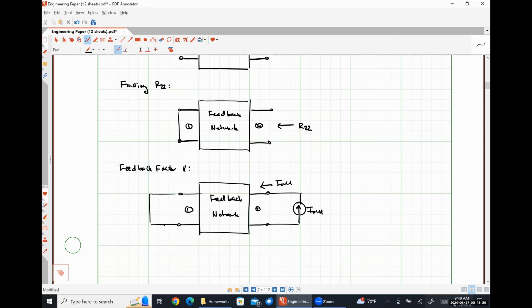So when we had a feedback voltage amplifier, we had to make sure that the current flowing through it was 0. When we have this current amplifier, we need to make sure that the voltage is 0. So we're forcing the voltage at port 1 to be 0, and here is our feedback current direction.